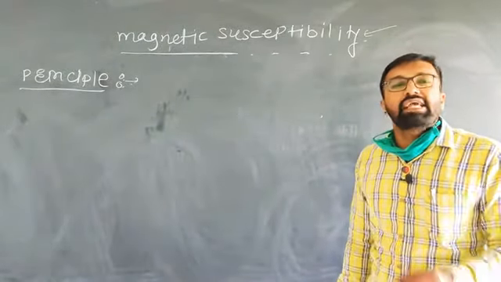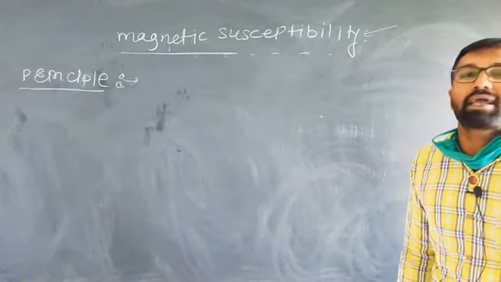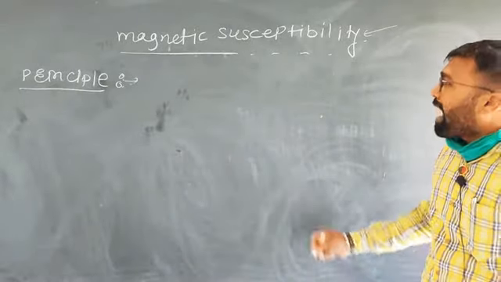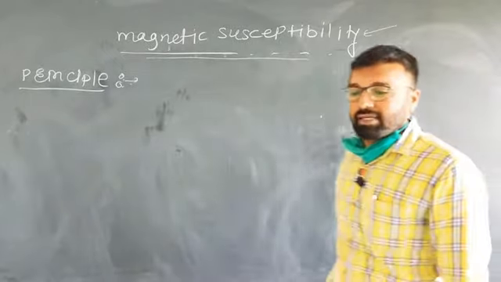That change in weight is measured, and the strength of the applied magnetic field is also measured. This method by which we determine the magnetic susceptibility is known as the Gouy method.